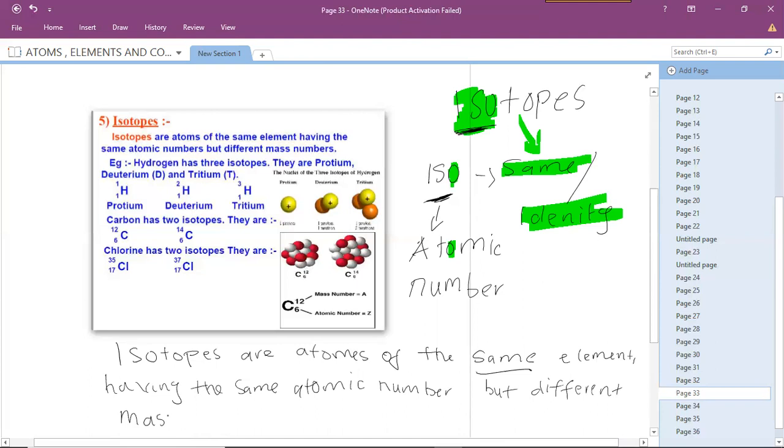Mass number is what's found inside the nucleus: the number of protons and neutrons. Mass number can also be called nucleon number. I'm putting this in brackets because examiners can confuse you. So same atomic number but different mass number, or nucleon number, makes an isotope.